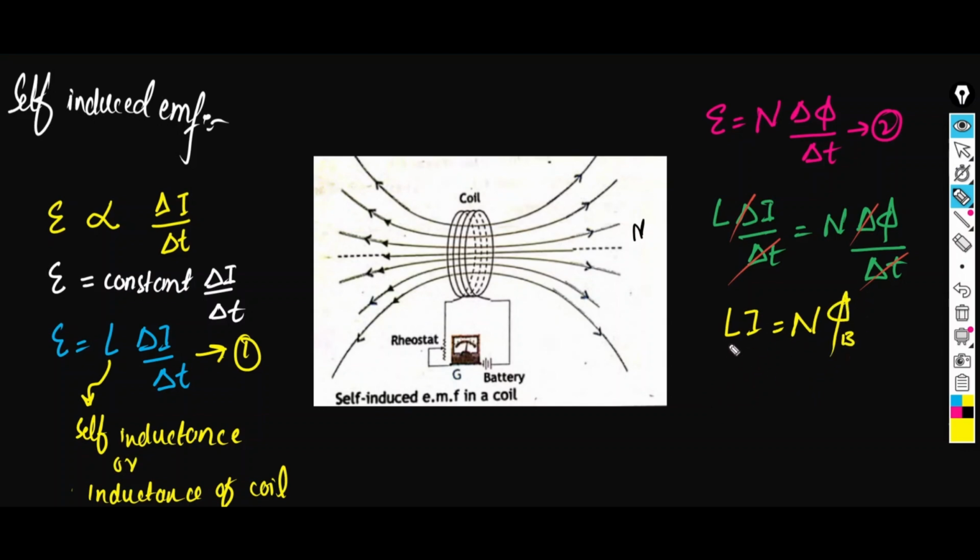So from here the inductance of the coil is given by N phi divided by I, the current. This is the equation for the self-inductance, or the inductance of the coil.